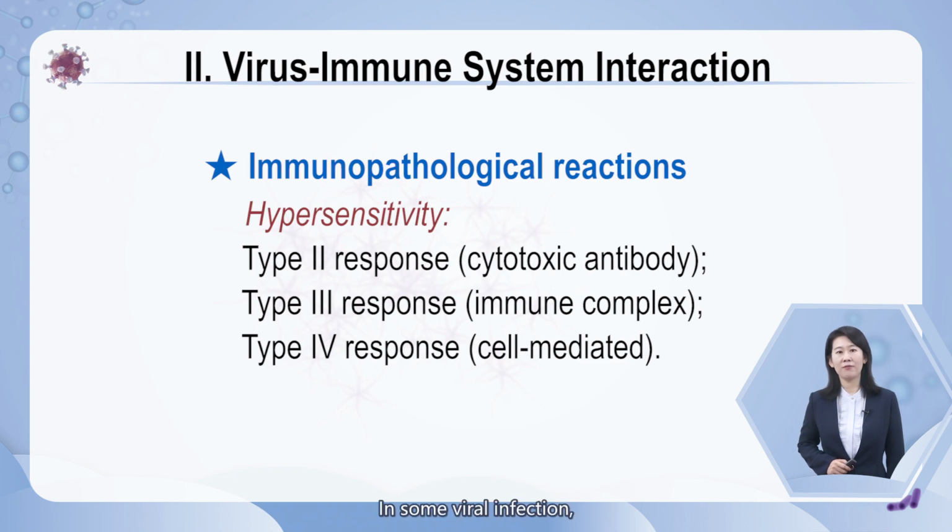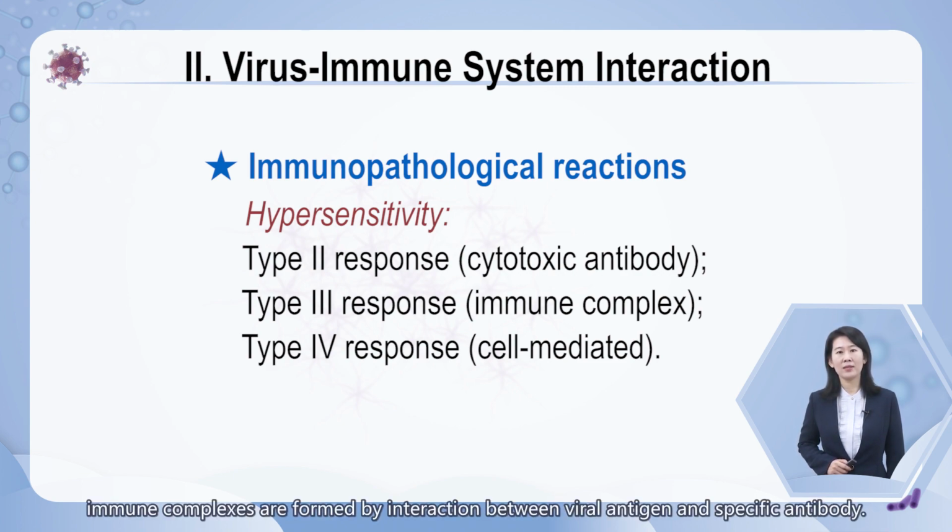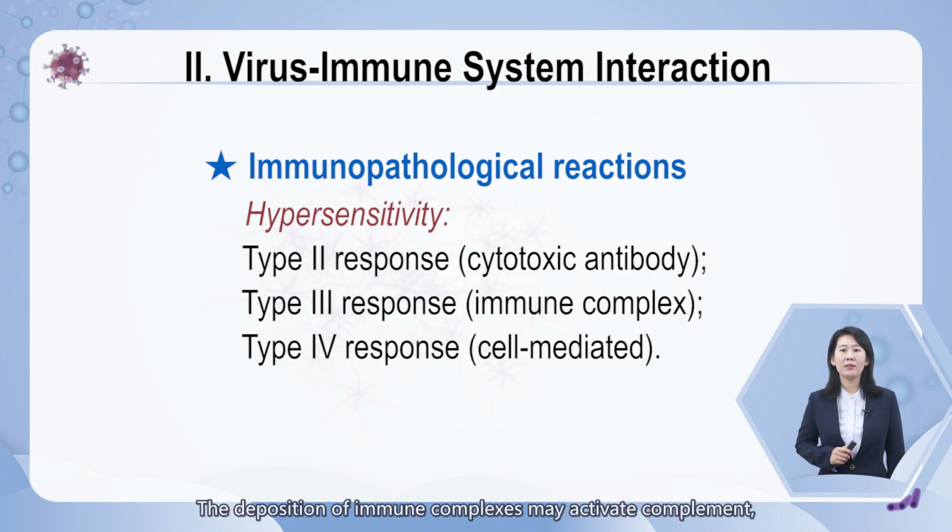In some viral infections, immune complexes are formed by interaction between viral antigen and specific antibody. The degradation of the immune complex may activate complement, contributing to the immunopathological injury.